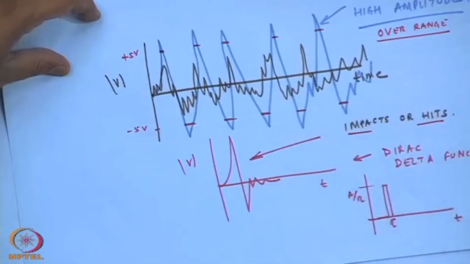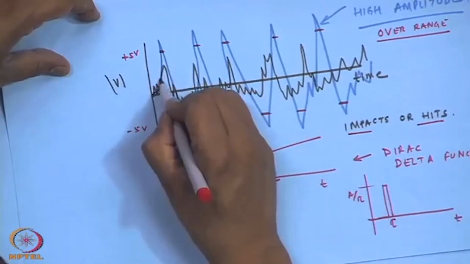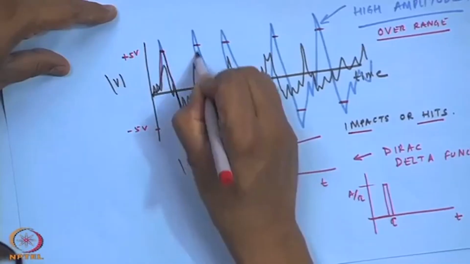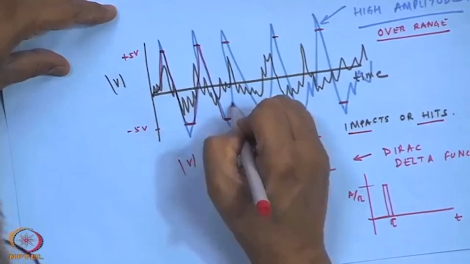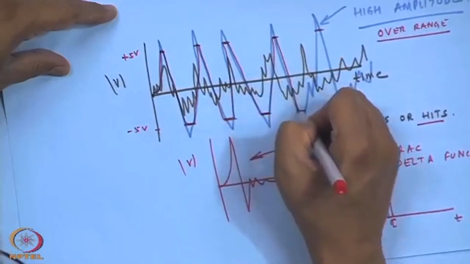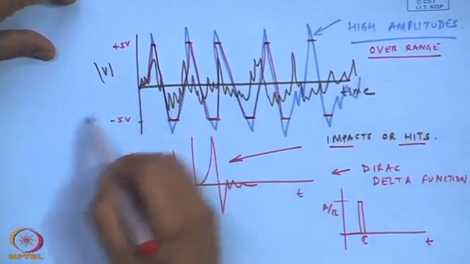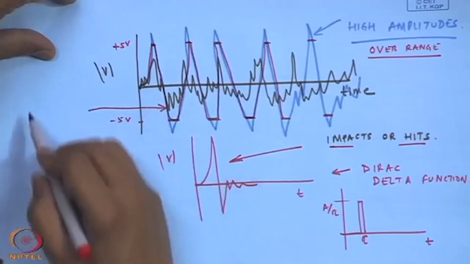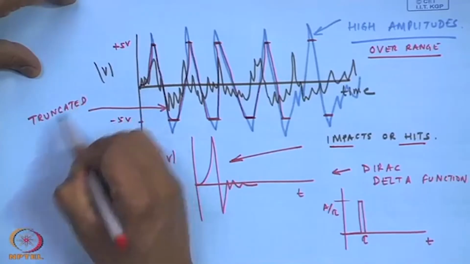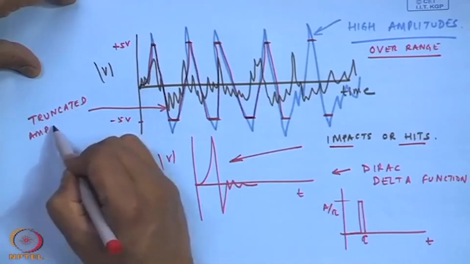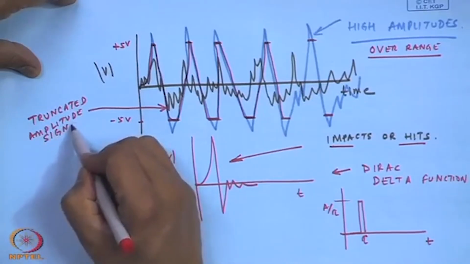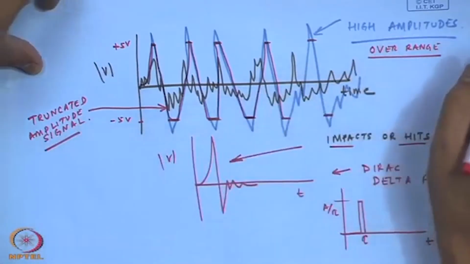So, my signal will look truncated. If I draw on the board, the red one is the truncated amplitude signal.